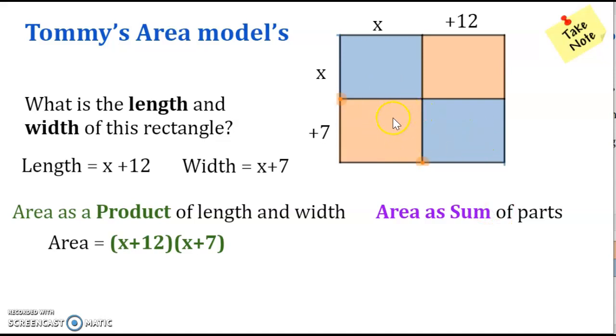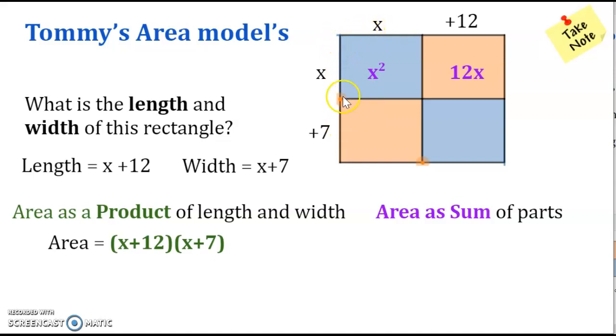To figure out the sum of the parts, the area of each part, we just multiply the length times width of each individual rectangle. So what is this blue rectangle's area? That's just x times x, so x squared. What about this orange area? That's just 12 times x, which is 12x. What about this orange area?